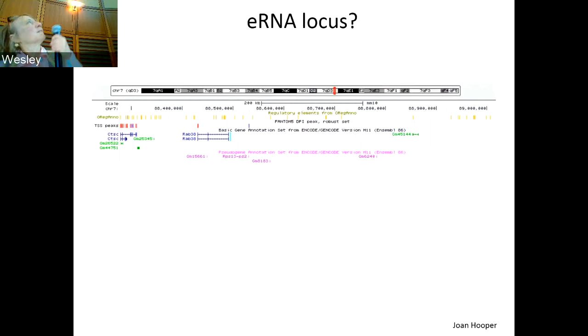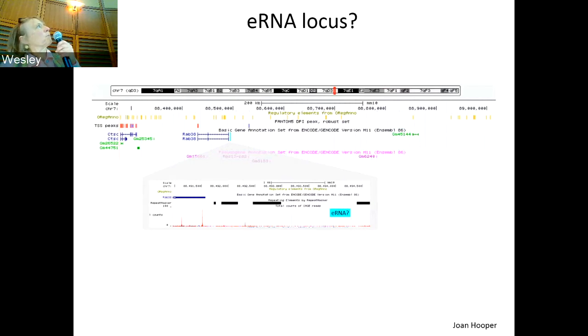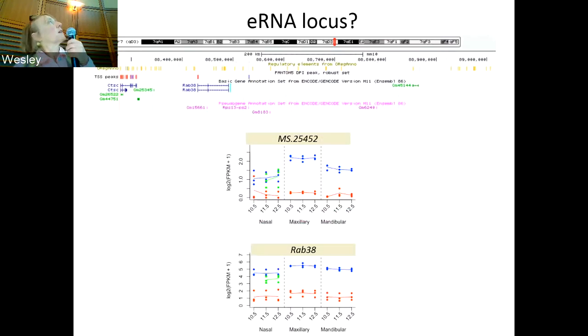And again, just an example of one, this is one that we found just here at the 3' end of the RAB38 locus. So about 300 nucleotides in between repetitive elements, just downstream of the 3' end of RAB38. And if this were really an enhancer RNA, it should have correlated expression with a nearby gene. So this is the expression profile of this little transcript, higher in the ectoderm in the mandible.